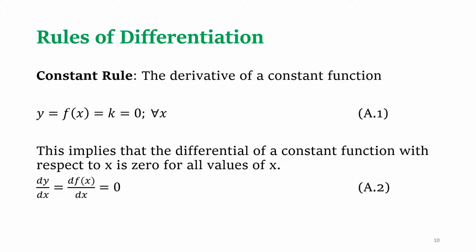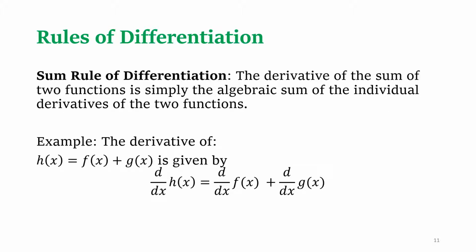So dy/dx equals df/dx is equal to 0. It's a constant, so it is 0. You got it? So that's why I say if y equals 2000, the dy/dx is just 0. Got it? Good. Let's move on.